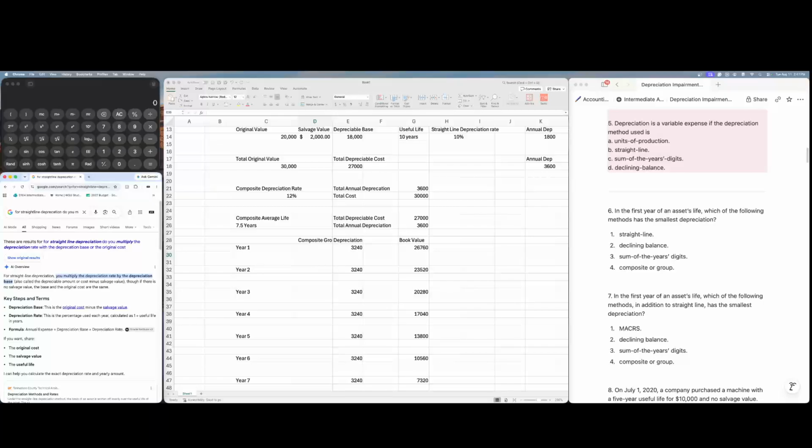Straight line is one of those examples. With straight line, you multiply the depreciation rate with the depreciable base, which is the book value minus salvage value. As well as units of activity or variable, as well as sum of years.